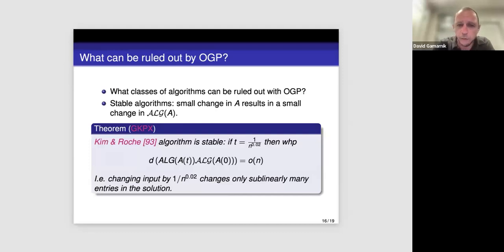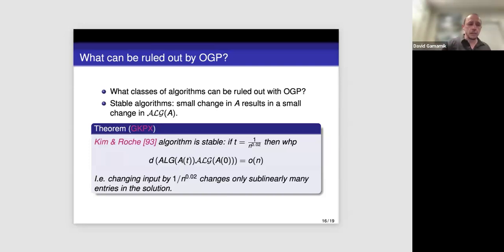It says that the level of perturbation T in this flow, how much change in the matrix you can tolerate so that the output does not change too much, the distance between the solutions produced after time T flow is sublinear in N. Remember these are binary solutions, so if the distance between them is sublinear, then mostly they agree, right? Okay, good.